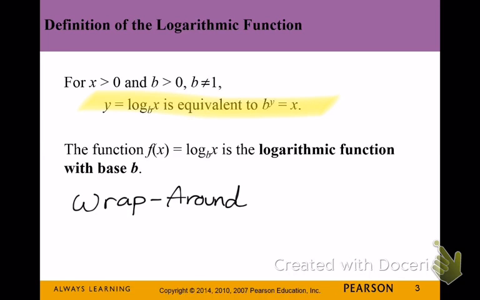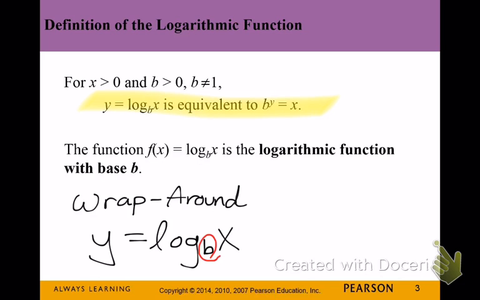And here's how it works. If you start with the logarithmic expression, so if you start with y equals log base b of x, my Algebra 2 teacher taught us that, and it's not really anything magical, it's just a pattern to help you recognize how to convert it to the exponential form. So she told us to always start with the base, so you start with base b and she would circle it.